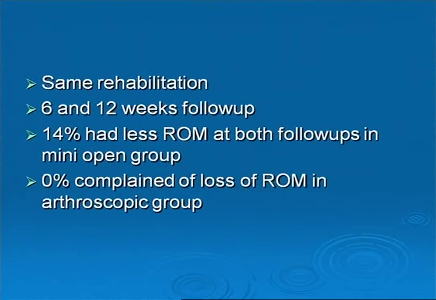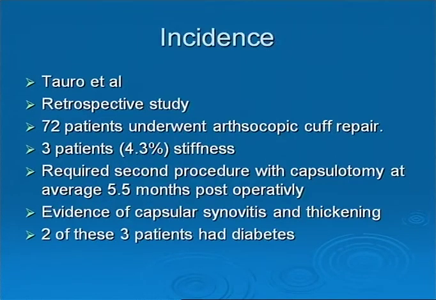They had the same rehabilitation, with follow-up at 6 and 12 weeks after surgery. The mini-open repair group had 14% less range of motion, while in the arthroscopic group no patient had a deficit in range of motion.